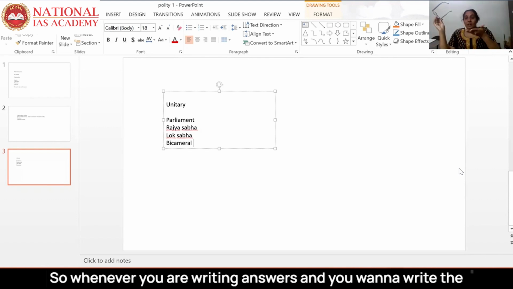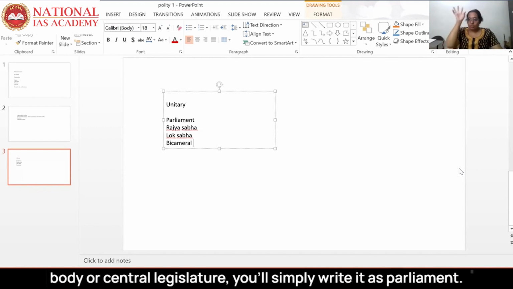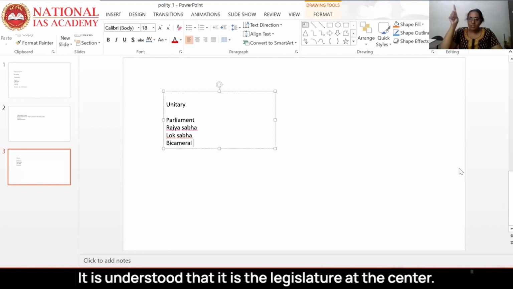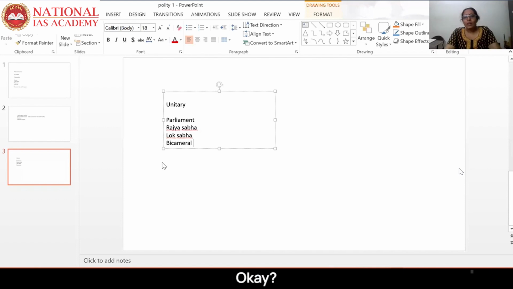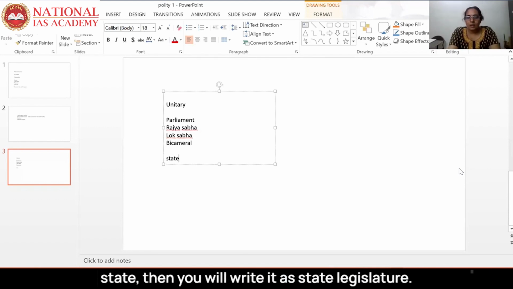Whenever you're writing answers and you want to write the union law-making body, or central law-making body or central legislature, you'll simply write it as parliament. If you write parliament, it is understood that it is the legislature at the center. If you want to write the law-making body at the state, then you will write it as state legislature.